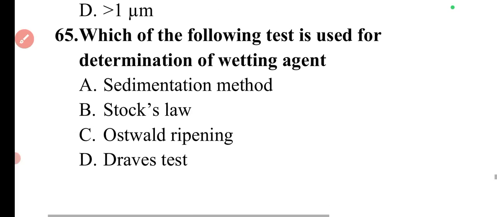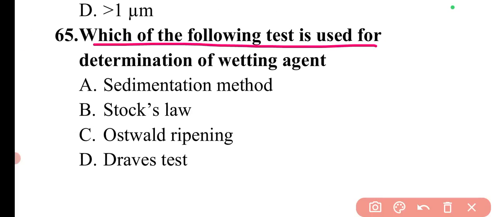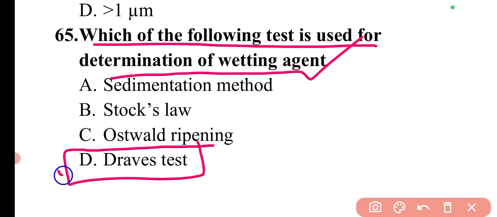Now coming to the next question. Which of the following tests is used for determination of wetting agent? For the determination of wetting agent, the test used is the Draves test, so option D is correct.